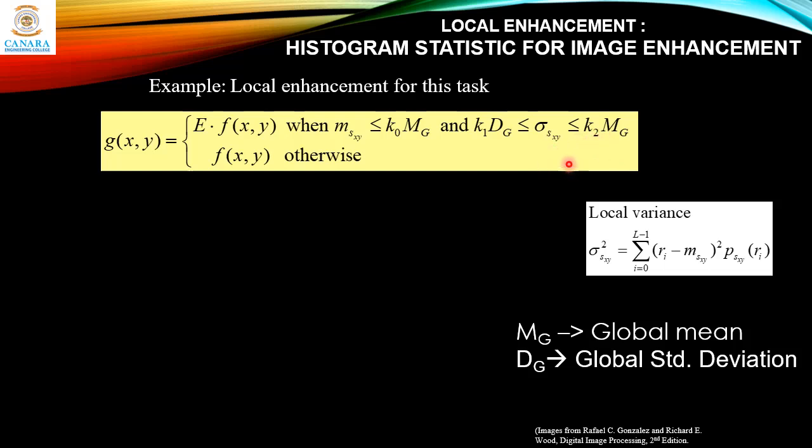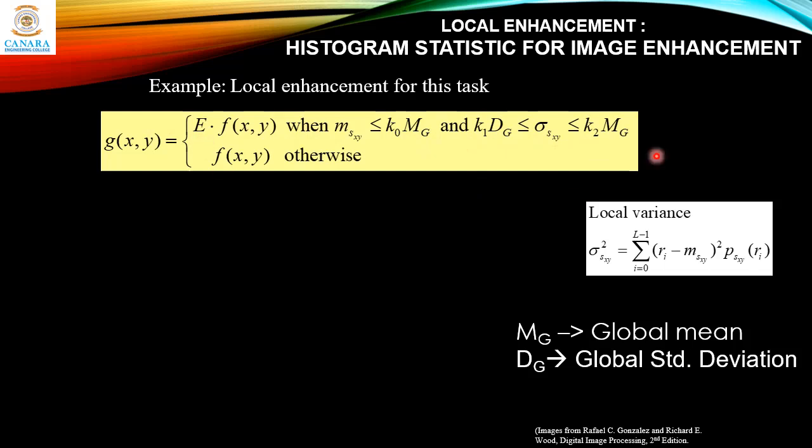Essentially, this means sigma_S of xy lies between K1 dG and K2 dG. mG is the global mean and dG is the global standard deviation. And K0, K1, K2 and E are chosen in order to get appropriate results.